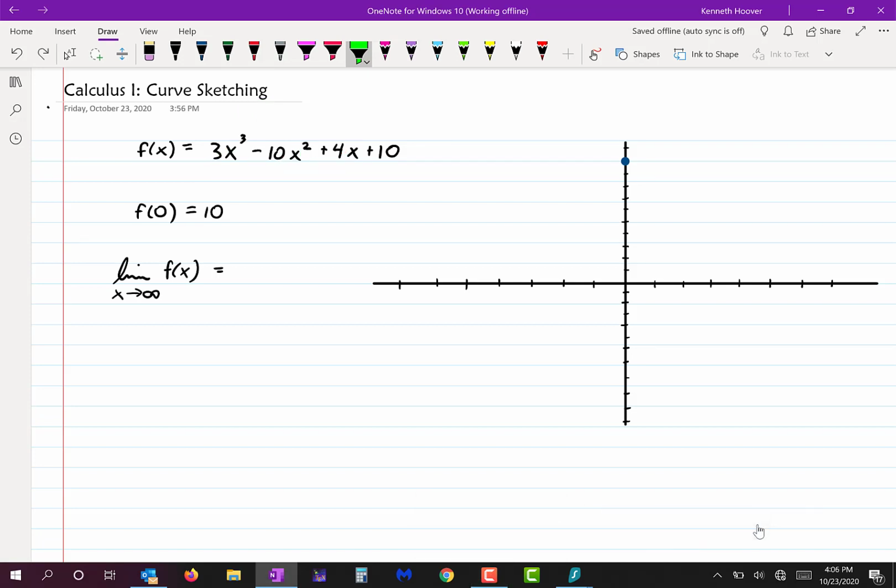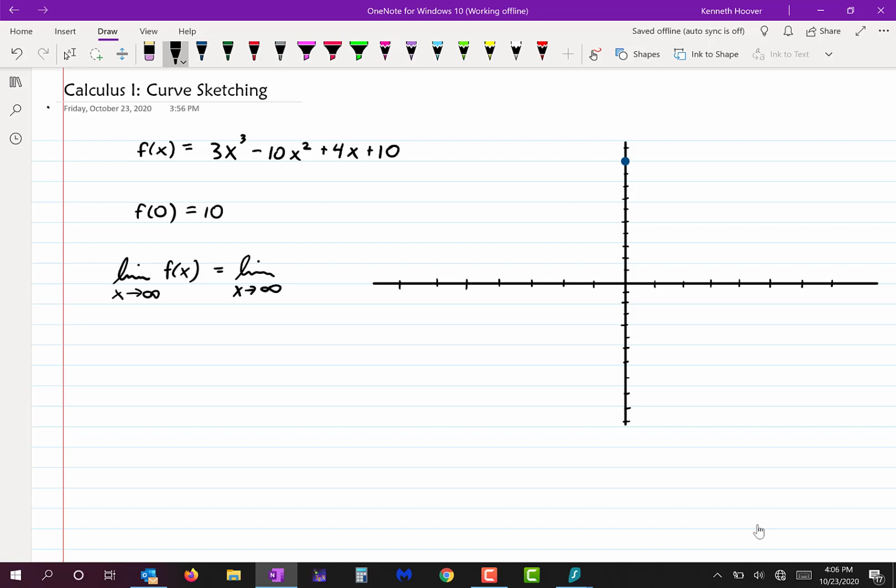Now let me show you a neat trick for doing this. We can take our function and factor out an x cubed.